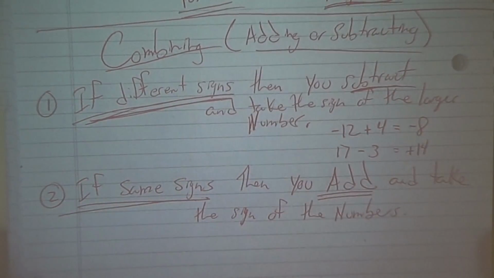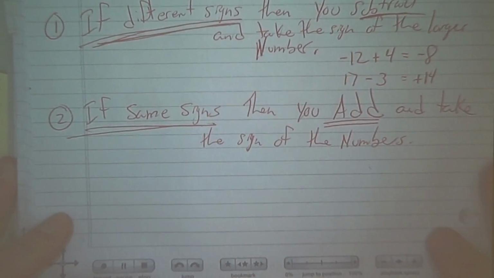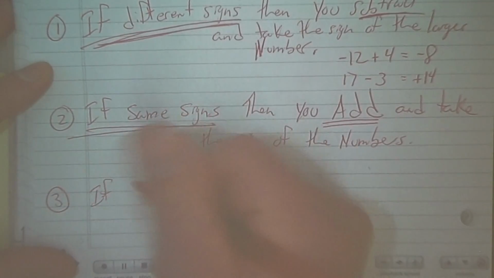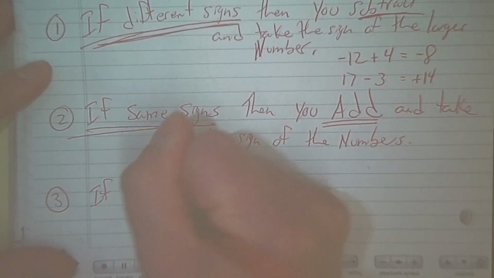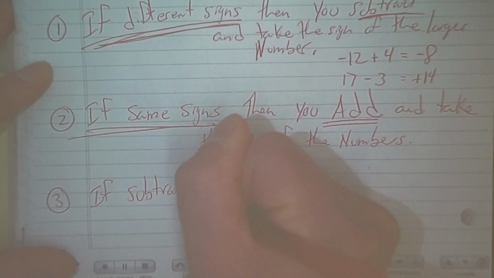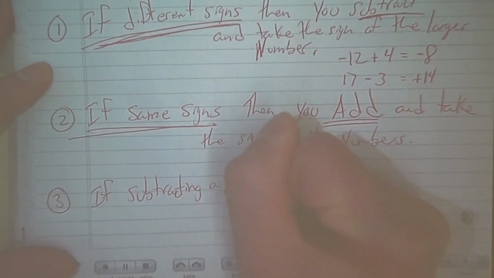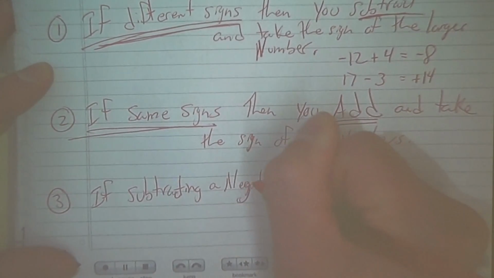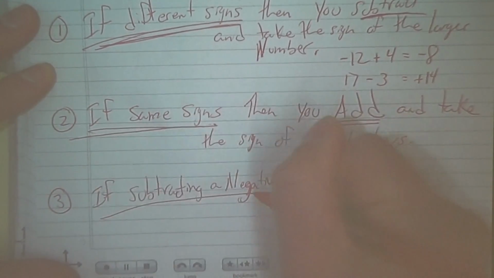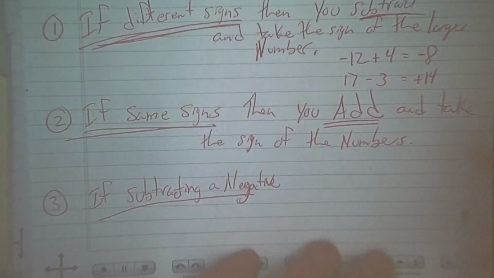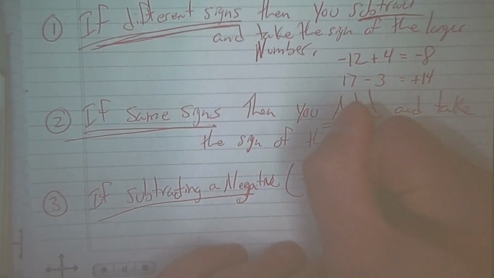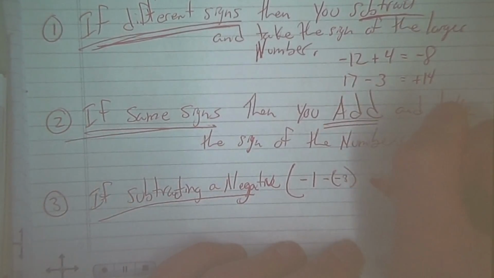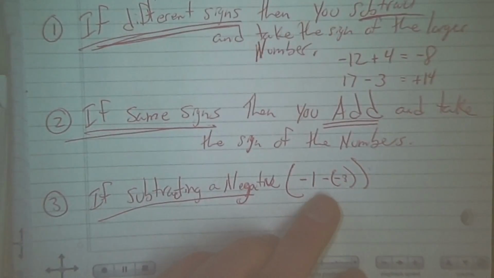All right, so step 3. If you're subtracting a negative, which looks like a negative 1 minus a negative 3, that's what we're talking about.